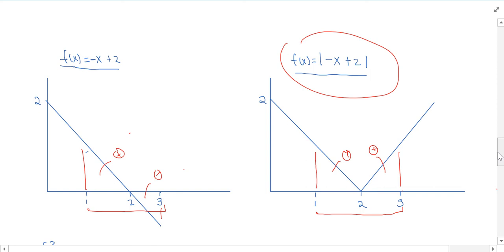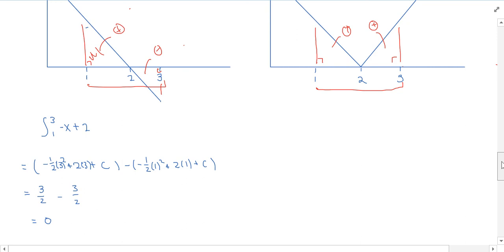Now we can solve this very easily using our knowledge of triangles, because it's just two right triangles here and two right triangles here. But I did solve it using the definite integral just to make it a little clearer to you guys. So we have our interval 1 to 3, and then I calculated.